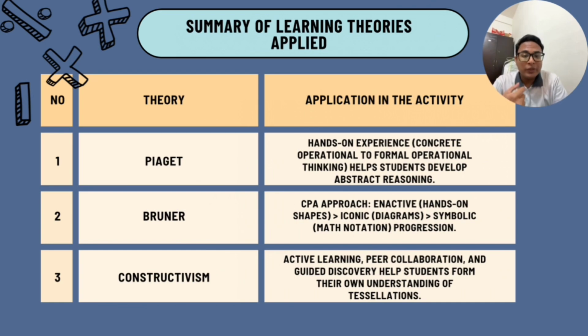The second one is Bruner's CPA approach, which is an active hands-on shape to the iconic diagram to a symbolic math notation, which is a progression. And the third one is constructivism: active learning, peer collaboration, and guided discovery help students form their own understanding of the tessellation. So from the collaboration and discussion, they can understand more about how it works and how to make the tessellation look better.